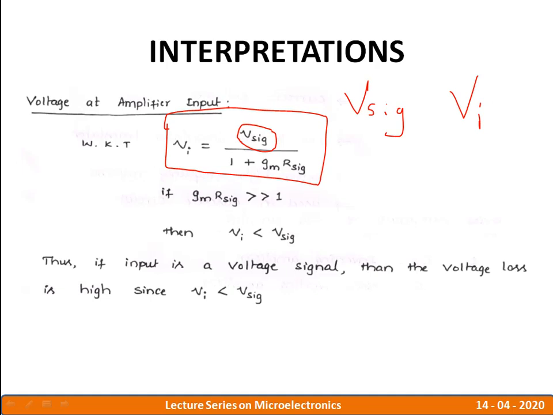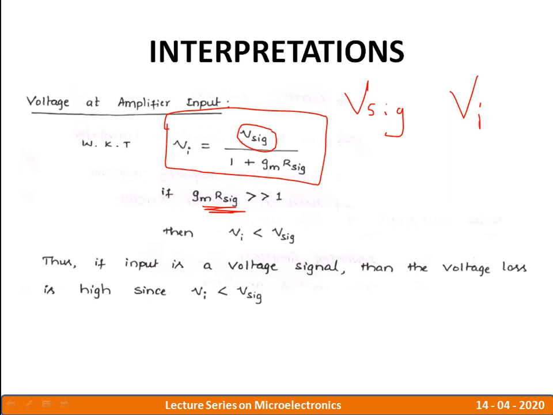Vi is Vsig divided by 1 plus Gm times Rsig, and Vsig is the master voltage that you apply at the input terminal of the entire common gate amplifier circuit. Typically Gm times Rsig will be much greater than 1, and if this happens, the RHS will be Vsig divided by some finite value, which makes Vsig much greater than Vi.